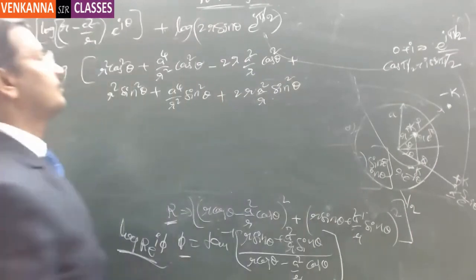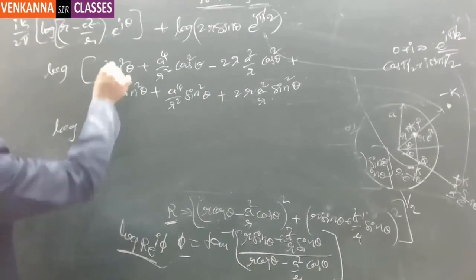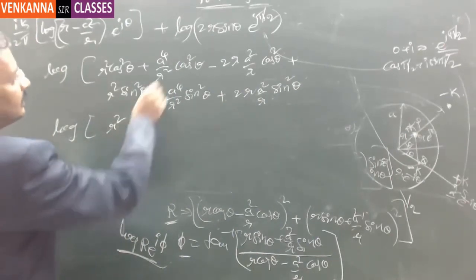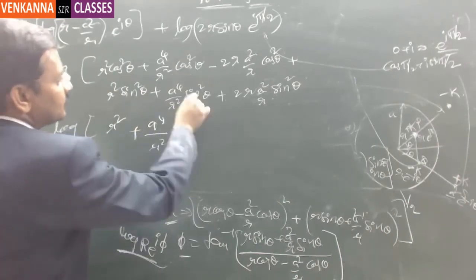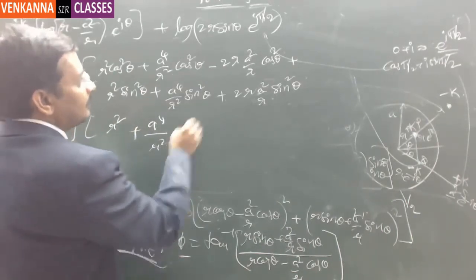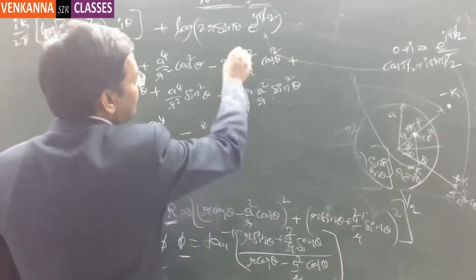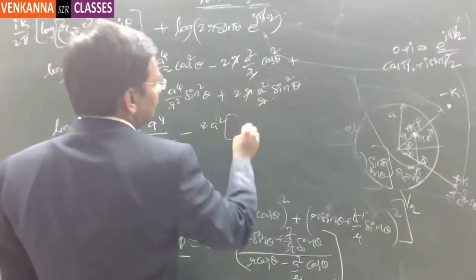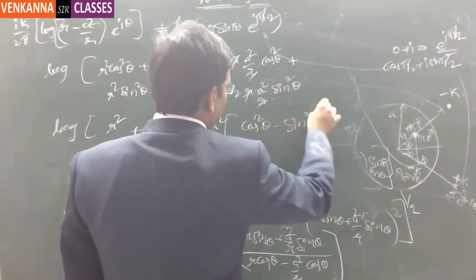Got it? Then here, log of r square plus a power 4 by r square, so cos square plus sin square is equal to 1 again. Then 2a square, if you take it out, cos square theta minus sin square theta will be left over.